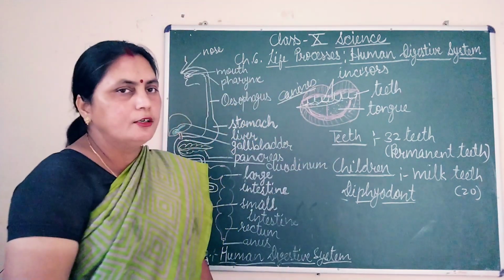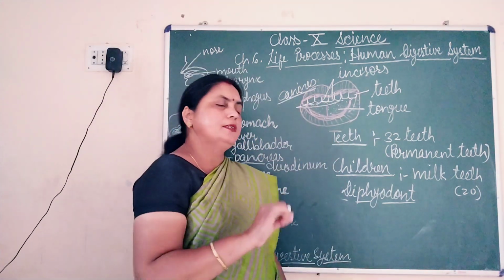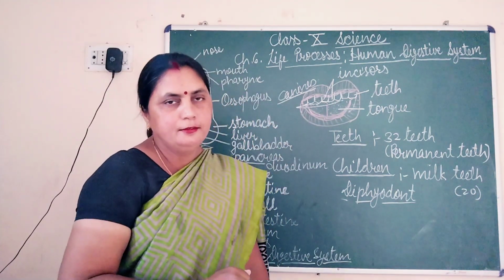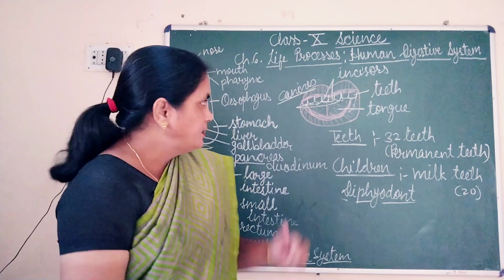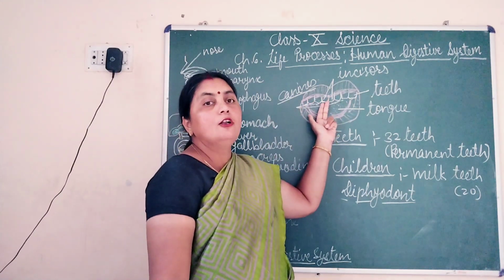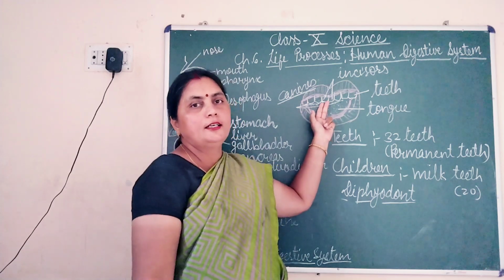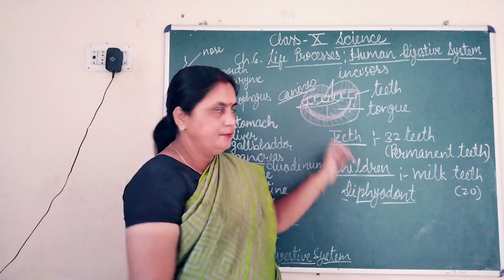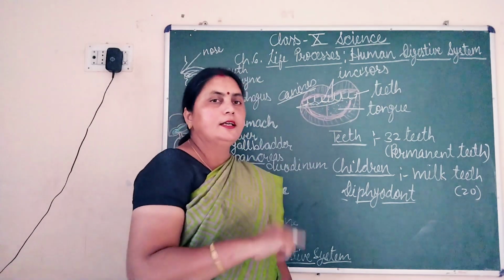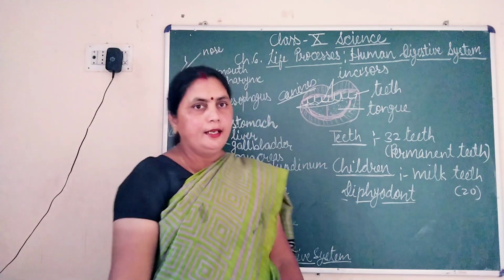Children, have you ever noticed any difference between the teeth of a lion and the teeth of a rabbit? Yes, there is a difference: these 2 incisors are long and strong in the case of a rabbit, and these canines are strong and long in the case of a lion. Do you know why?